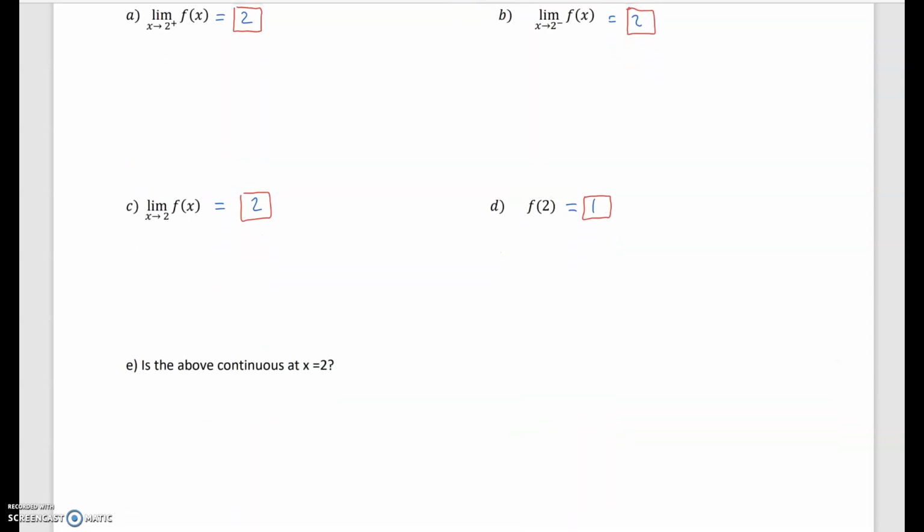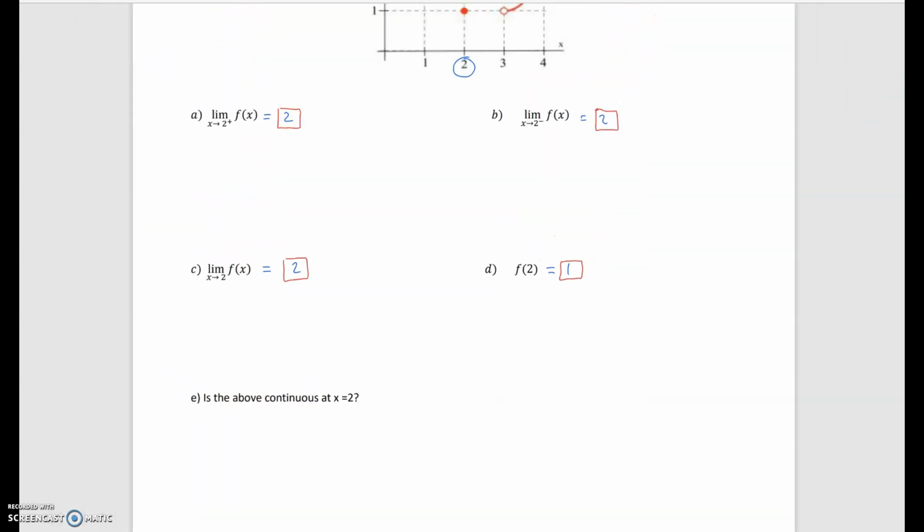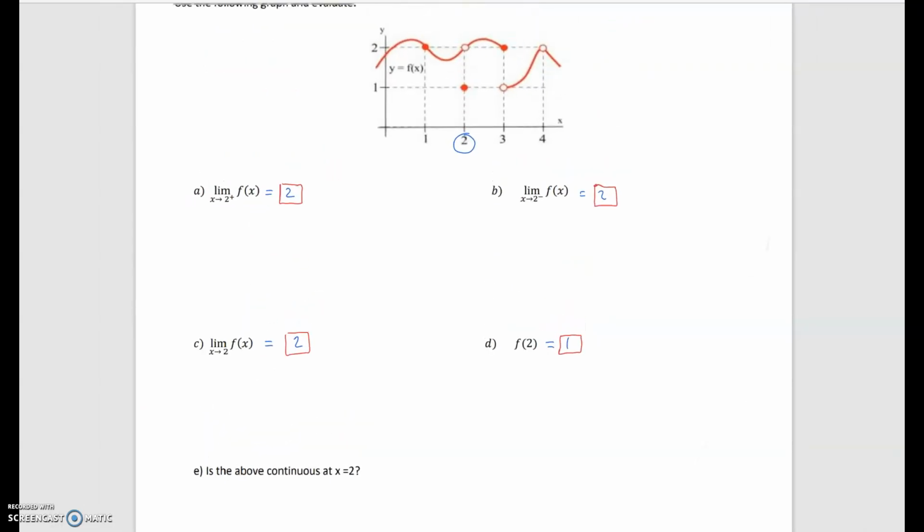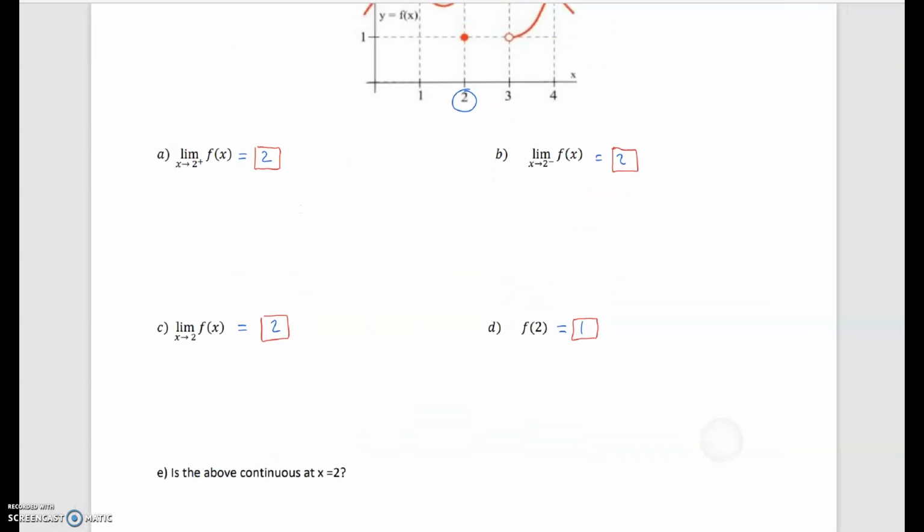Next question: is the above function continuous at 2? In this case, I actually already said it, but let me write it up.